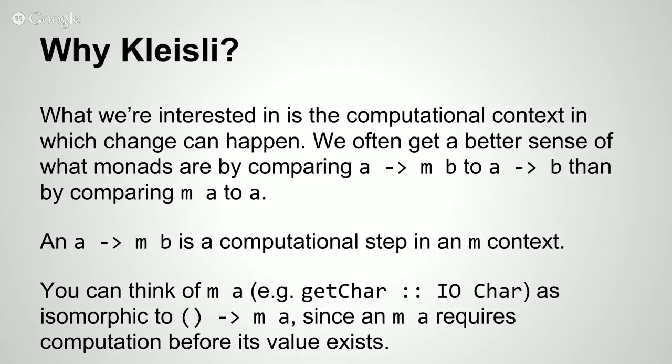And when you have just a bare M A, there's no function, you could think of that as isomorphic to unit arrow M A. And in fact, in a strict language, something that's stateful but not typically a function would be like either a zero argument function or a function taking unit in OCaml. So you can think of it as isomorphic, but because Haskell's lazy, you can just throw out the extraneous unit.